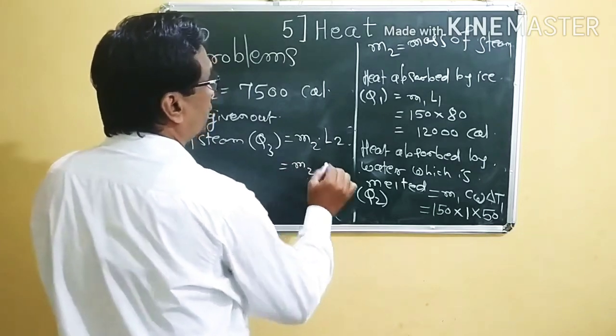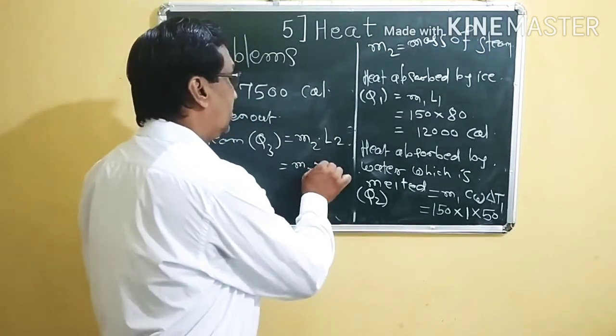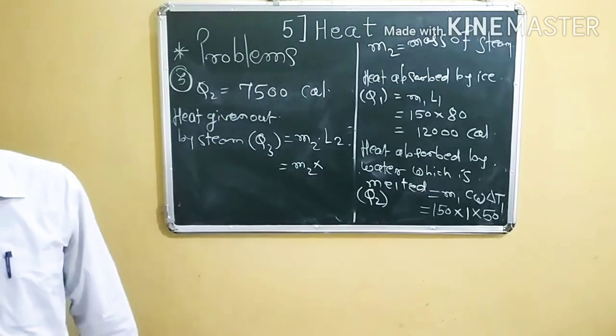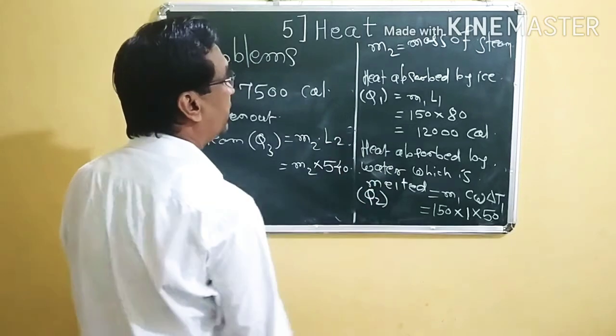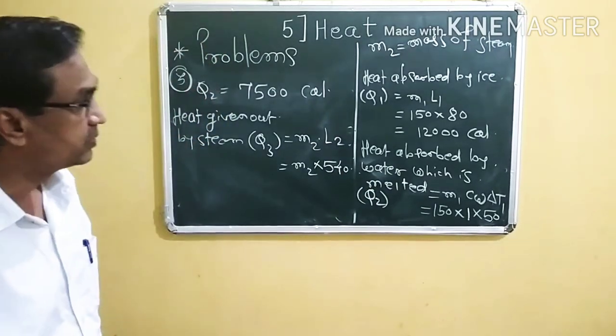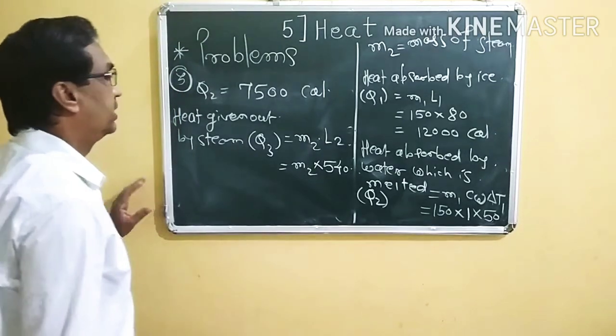M2 we don't know; we have to find out the mass of steam, and L2 here is 540 calorie per gram. Okay, this is the third one.